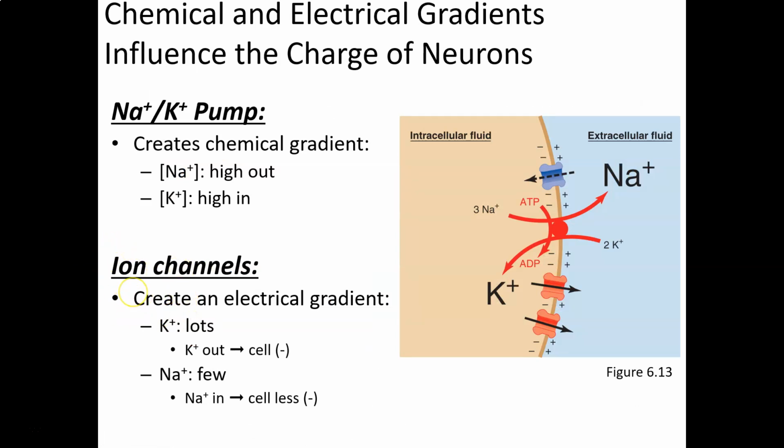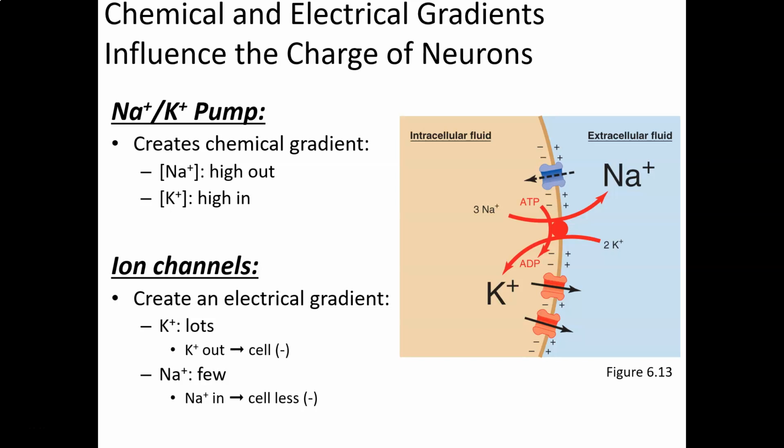One of the important concepts to remember then is that this whole thing works because of the sodium-potassium pump. That creates the disequilibrium, that creates the difference between the concentration of sodium outside the cell and inside the cell, where sodium is higher outside than inside, and at the same time creates the opposite for potassium.